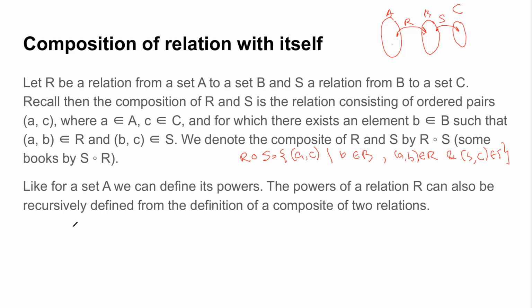Now, why are we discussing it again here? If you recall, we discussed that if we have a set A, we can compute its powers like A square, A cube. How can we do that? If I have a set A and I want to compute its powers A^i, where i may be from 1 to some n, how do I compute these powers of a set?